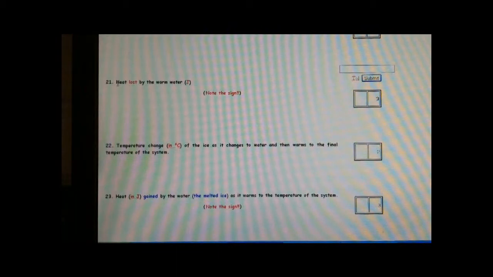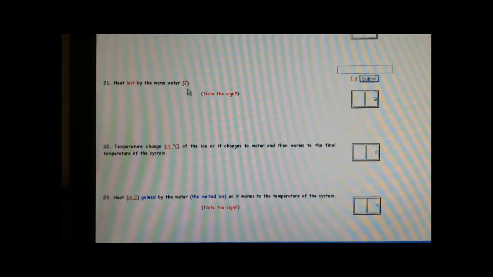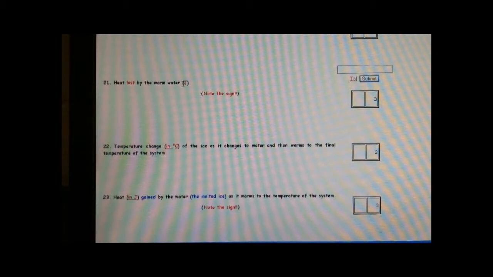Now we have the heat lost by the warm water. If you look at the notes that I sent, whenever we're finding that heat, you're thinking Q equals MC delta T, and this is heat lost, so we know we're going to have a negative value.